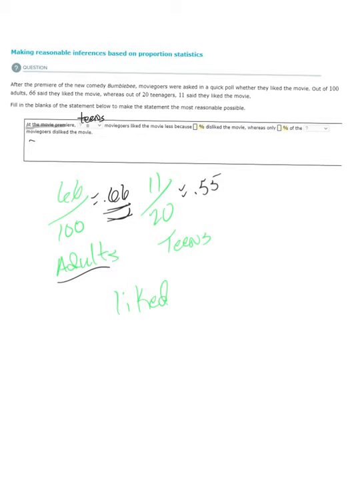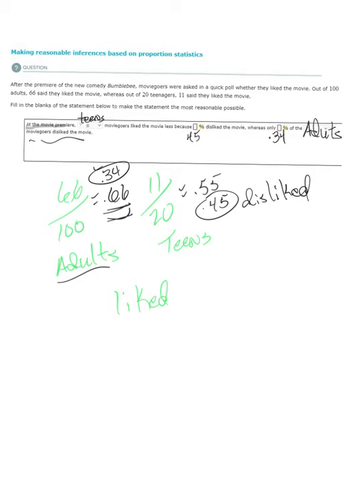Well, if 55 liked it, that means 45% disliked it. Okay, so I'd say 45% disliked the movie, whereas only 34% of the adults disliked the movie. Okay, so it gives me this 66 and 11 were the ones that liked it.